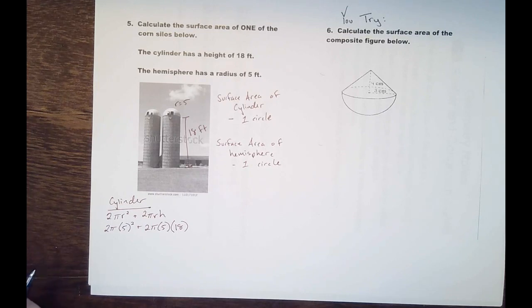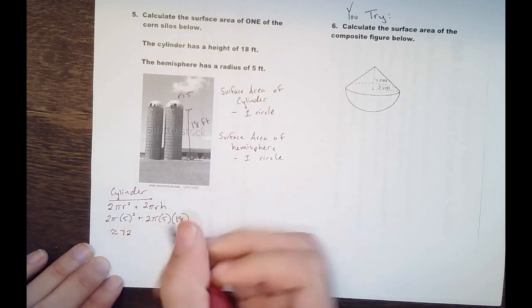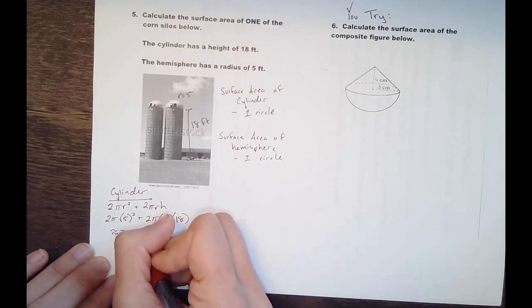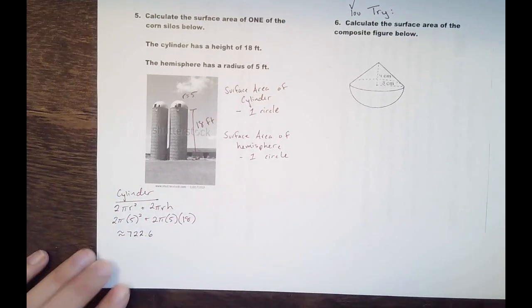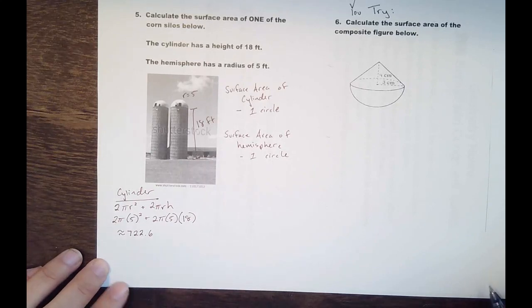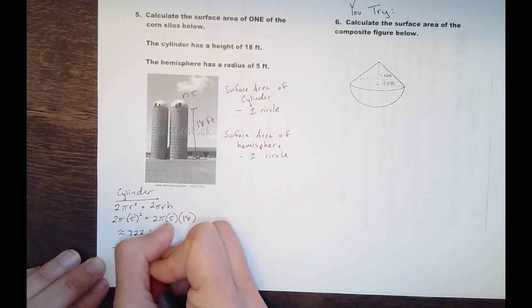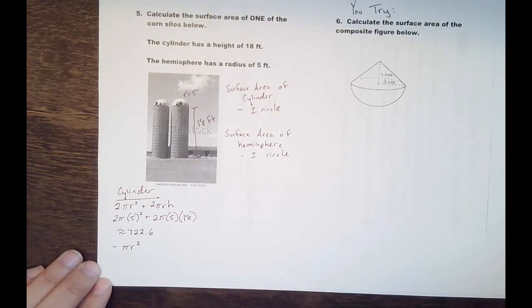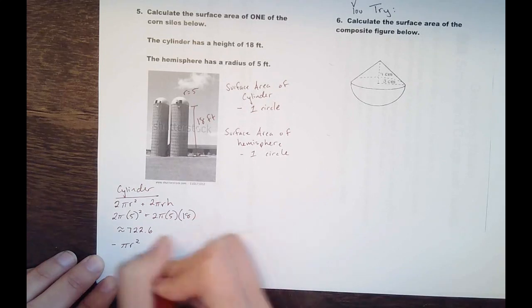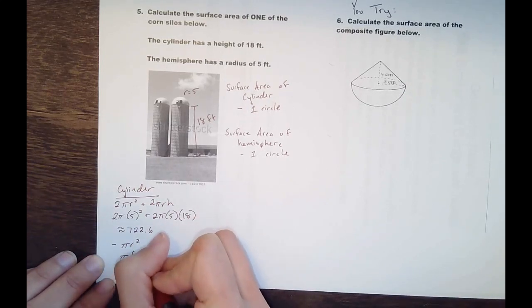So that gives us about 722.6. Then we want to take away one circle. So we're going to subtract one of the pi r squareds away. We're going to be taking away about 78.5.